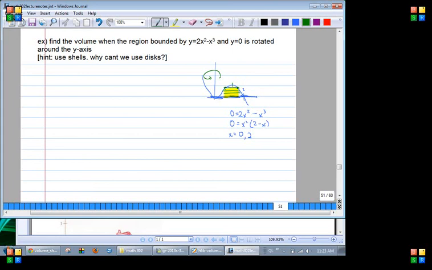Would the other function just be y equals 0? No, because what's the length of each of these rectangles? It's one value on the function minus another value on the function, the way that we've drawn the rectangles horizontally. So perhaps this won't work.